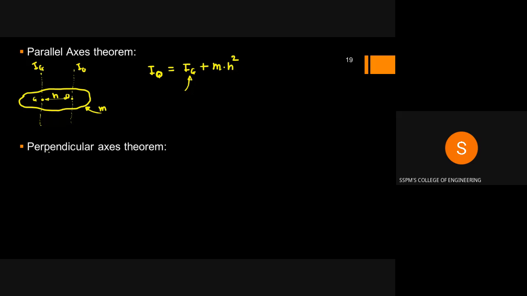Next, perpendicular axis theorem. Okay, so by using this theorem, we can find out the moment of inertia about three mutually perpendicular axes. So this is one rigid object.